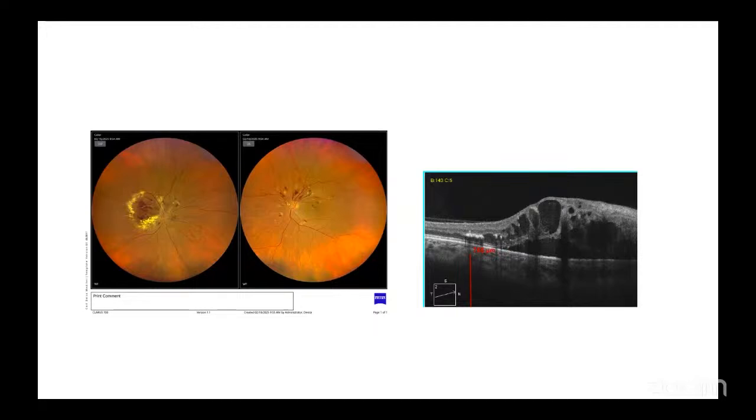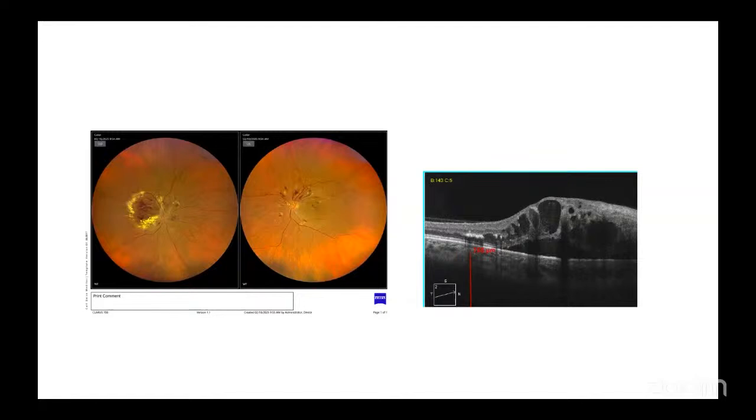So why are you saying that proliferative diabetic retinopathy could be a differential? Because you have told that this is a diabetic patient. But are you able to appreciate any obvious neovascularization? It's not a classic picture.